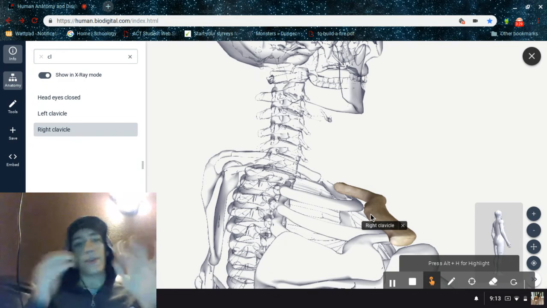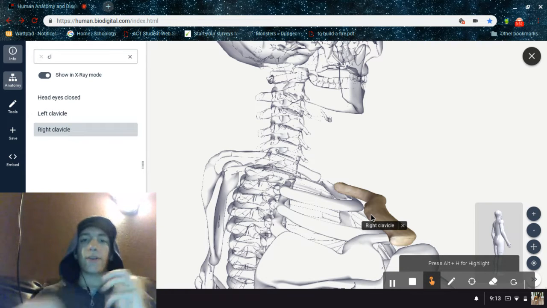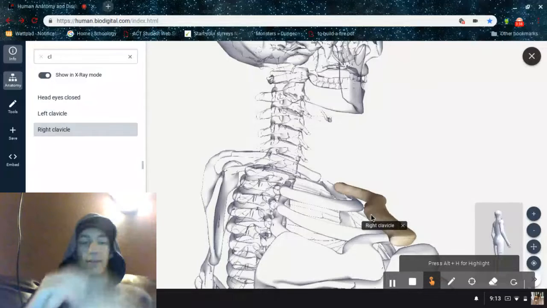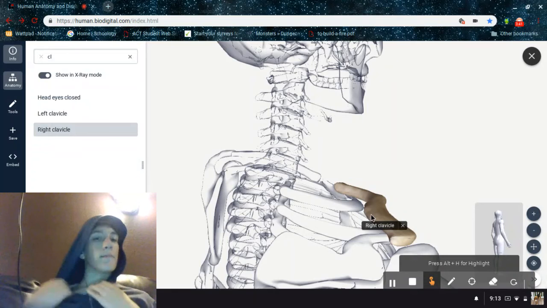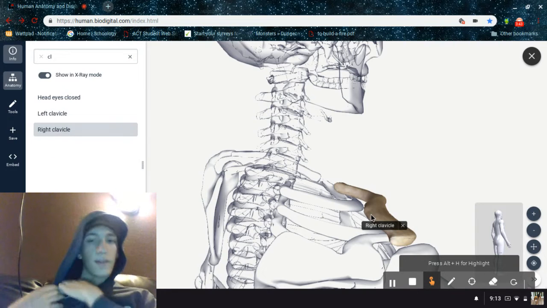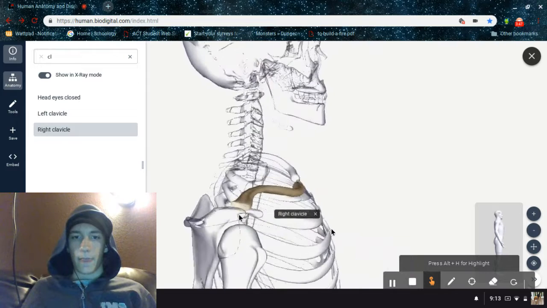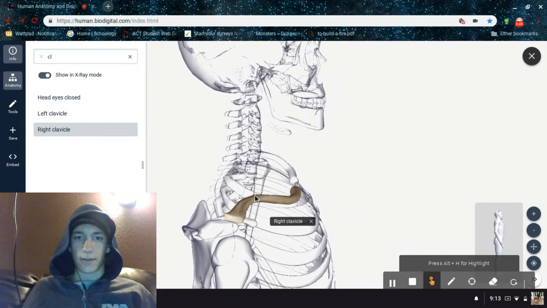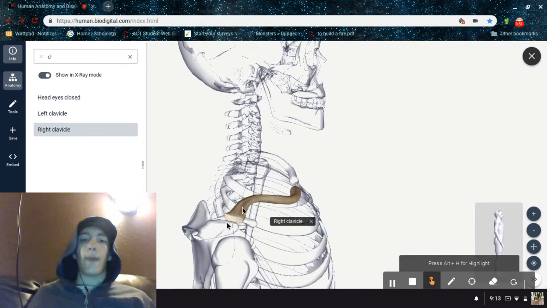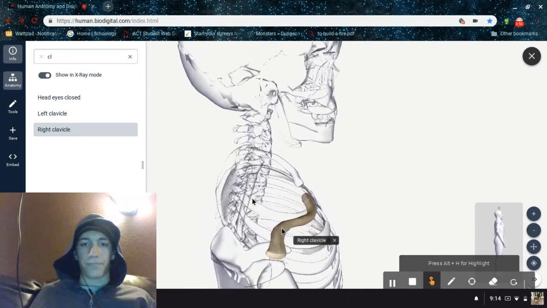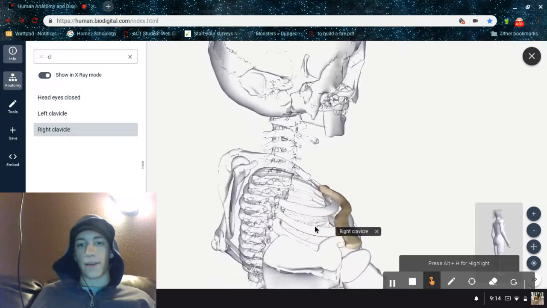Because remember, muscles aren't attached to joints or to each other; they're attached to bones, so that they can act as tension coils, lifting and moving and stuff. So on your collarbone, or your clavicle, you have this tubercle right here. See where it bumps out a little? That's your conoid tubercle. I don't know why it's called conoid, but it's a tubercle.